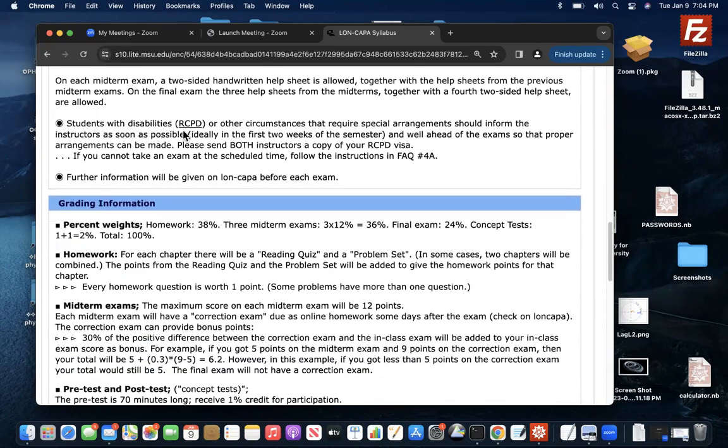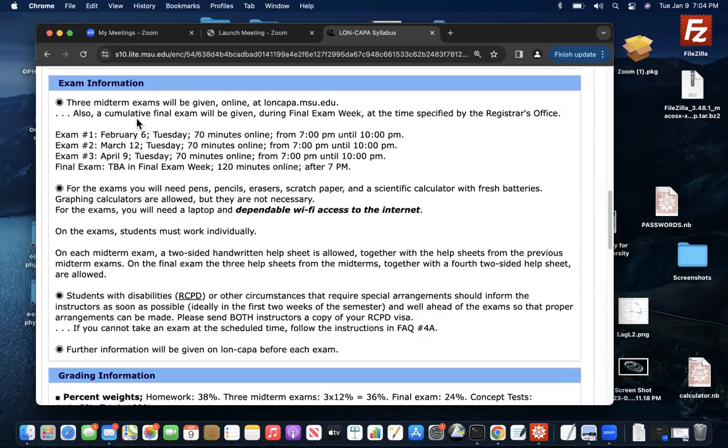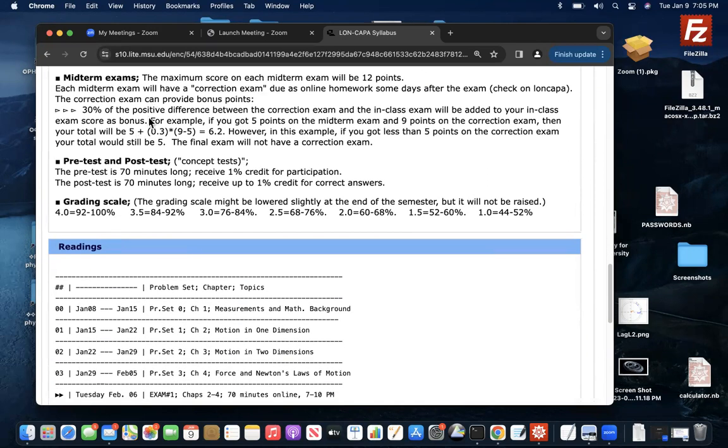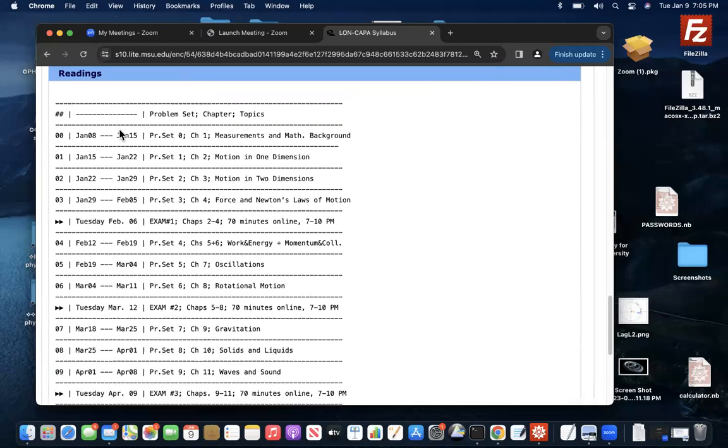If you have an RCPD visa, you should send that to the instructors. Grading information. And then a list of dates and assignments.